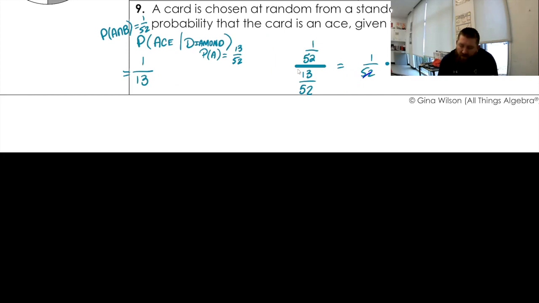Uh-oh. Could it be? Can't divide fractions, so we multiply by the reciprocal. Okay. The 52s are going to cancel nice and pretty, making my life a little easier. And look at that, 1 out of 13.